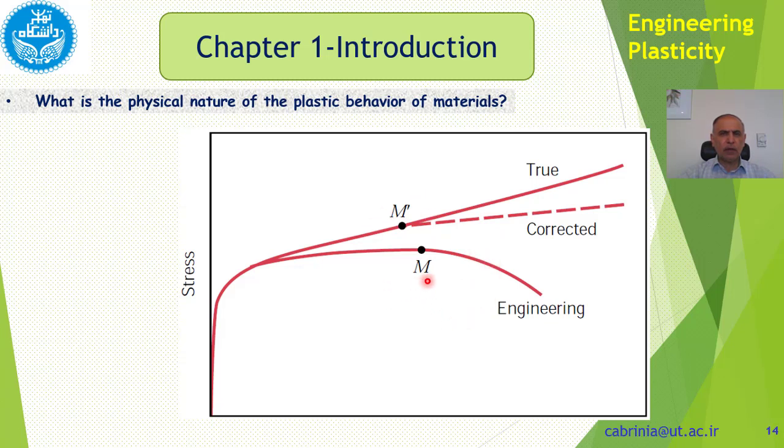The difference is that the original area A0 remains constant, but while we are applying the stress and the length changes, the area in fact changes. The cross-sectional area is not constant, but for the calculation of stress here we take it as constant, and here we take the current area.